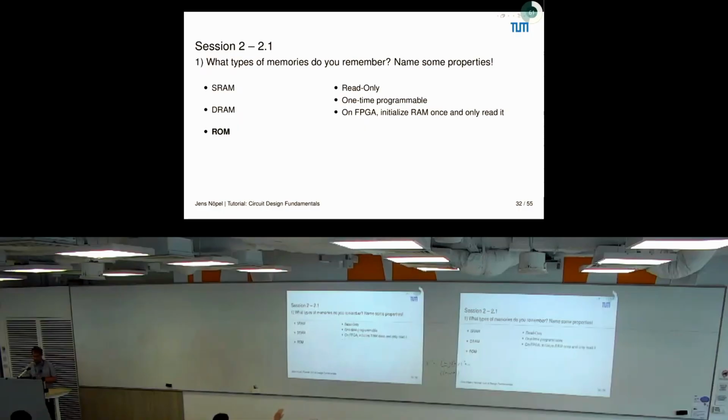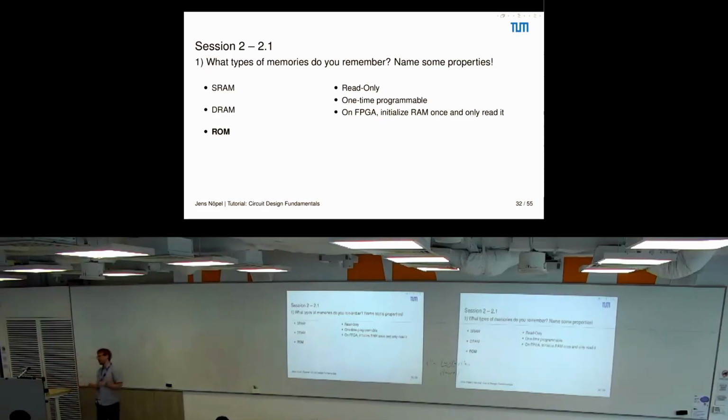And then there's read-only memory. As the name suggests, you can only read the data, you can only modify it once, so it's only one time programmable, and afterwards the data stored inside is fixed. How do you realize read-only memory on FPGAs?